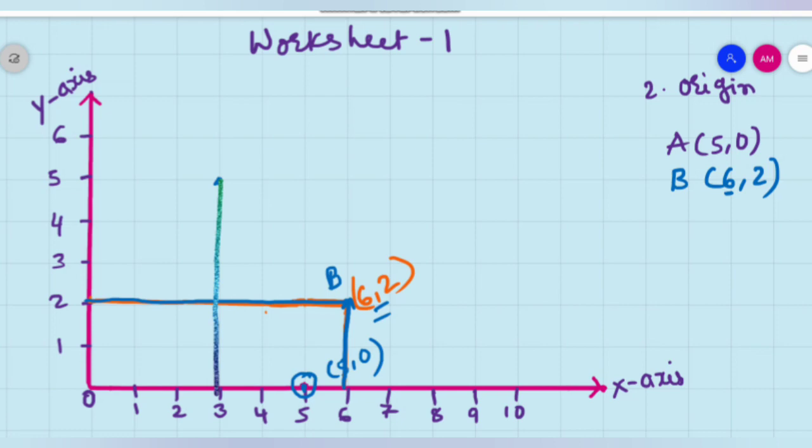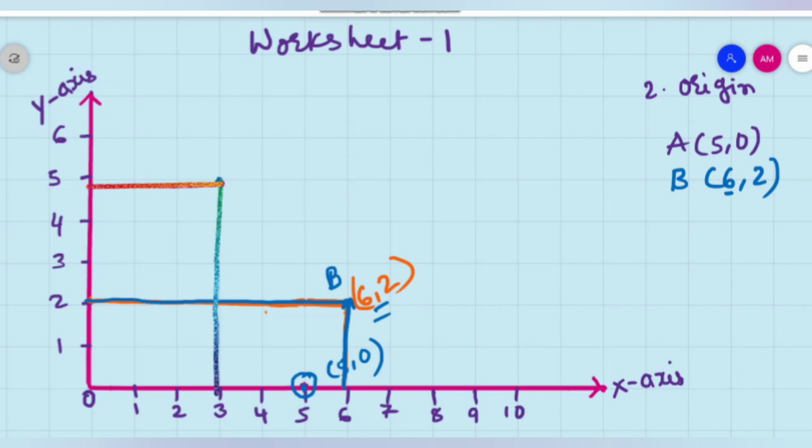And if you draw this horizontal line, it will fall on 5.